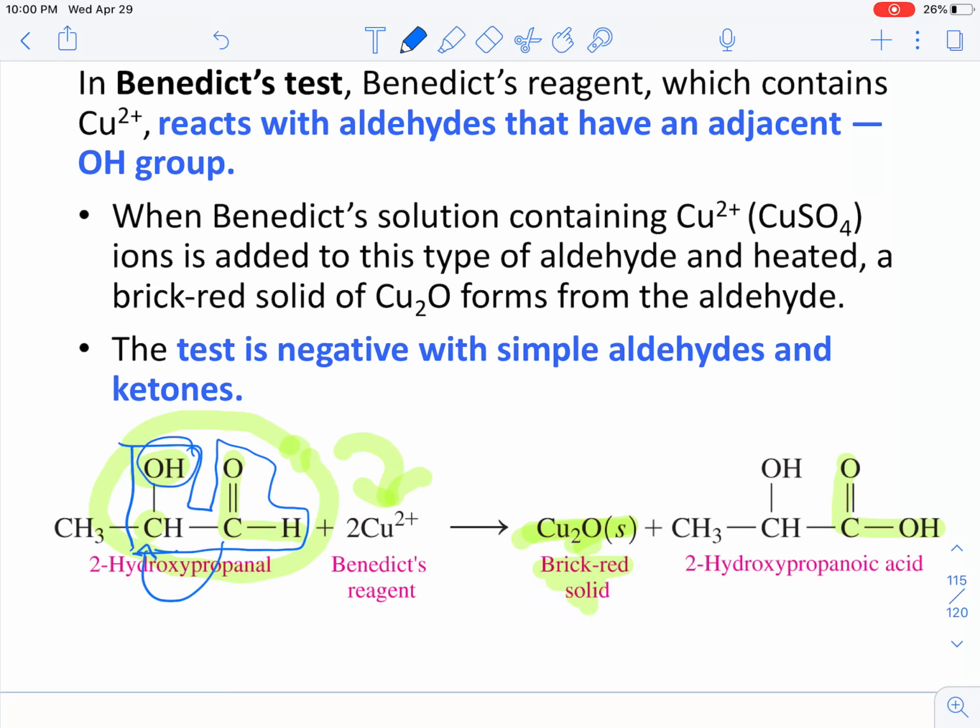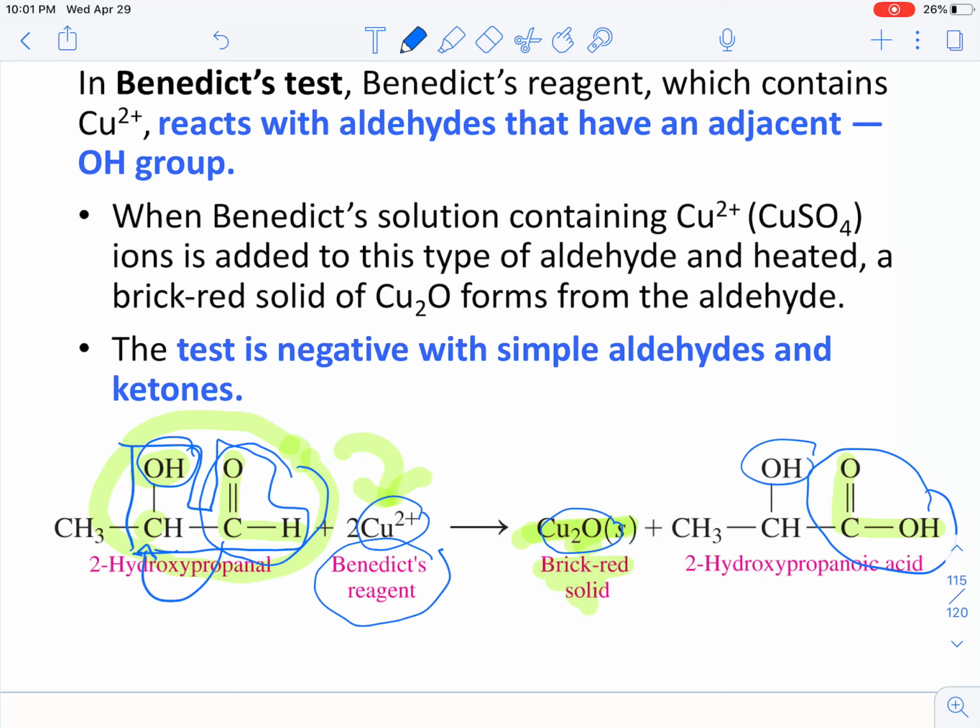If that condition has been met, we can treat it with Benedict's reagent, allowing an oxidation reduction reaction to occur. Basically, the copper 2 will get reduced to copper 2 oxide, and the aldehyde gets oxidized to become a carboxylic acid. The OH in itself doesn't change, but it is necessary for it to be there.